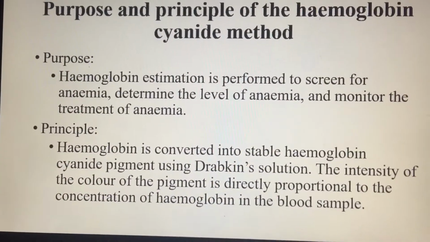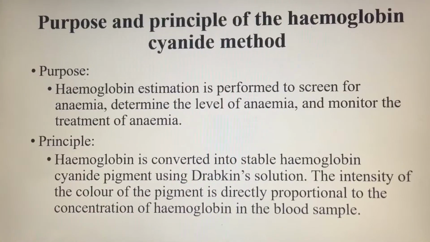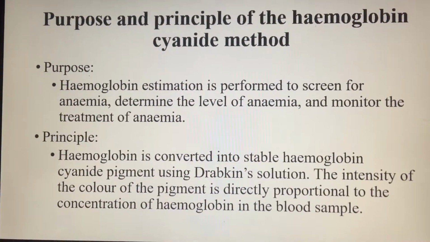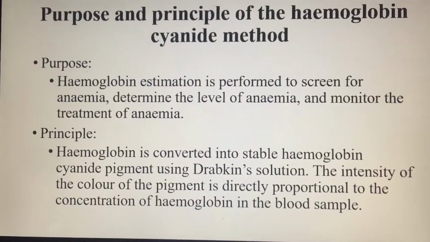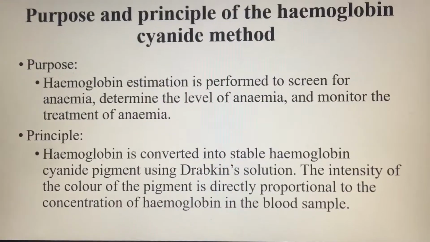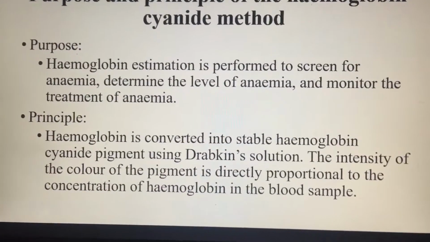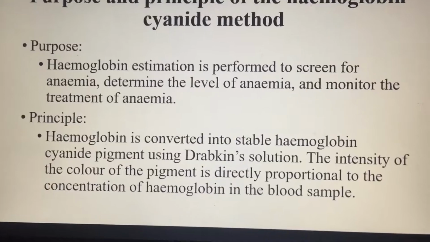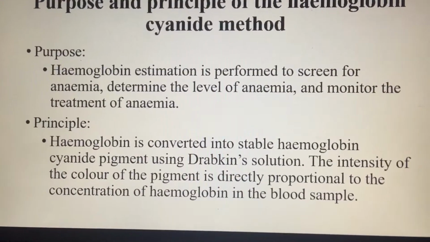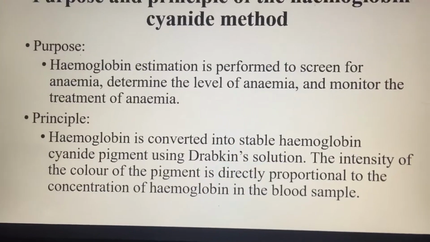So when you mix the Drabkin solution with blood, you convert the hemoglobin pigment, which combines with the cyanide pigment inside the Drabkin solution, and finally forms the hemoglobin cyanide pigment.